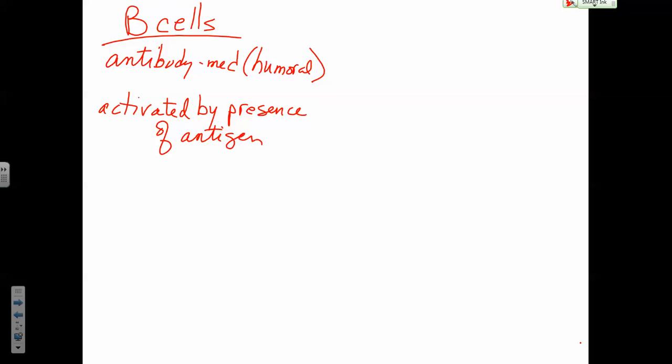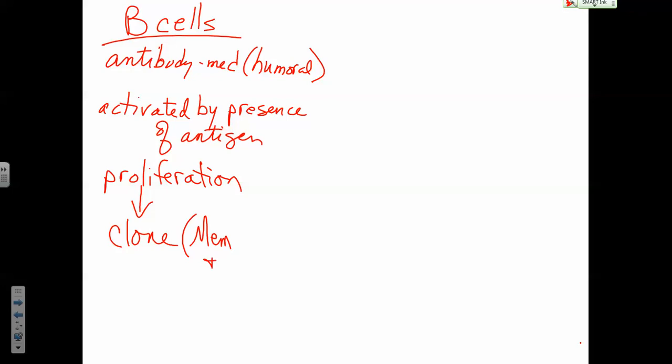The activation is called proliferation. That's the division. And that results in a bunch of cells just like the initial one. That group is called the clone, right? And the clone includes the memory cells and the plasma cells. And the plasma cells, these are the ones that make what?